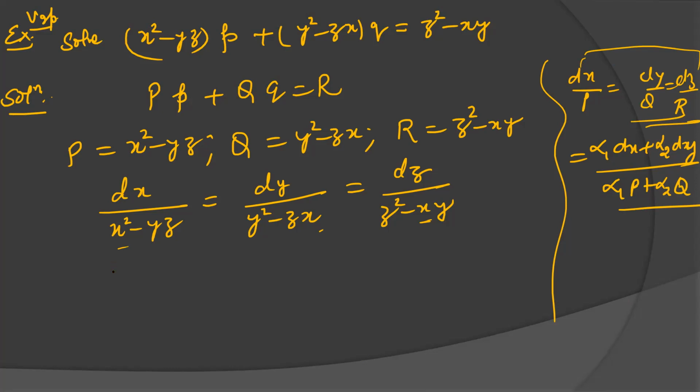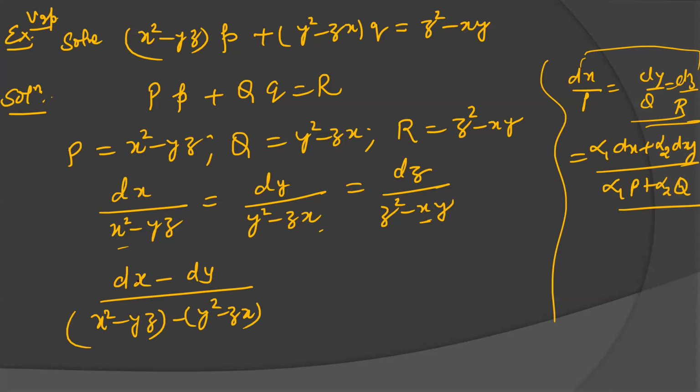So if we see carefully here, if we subtract x square minus y square minus yz plus zx, we will get the x minus y factor outside. What we want to say is we can do this type of calculation also: dx minus dy over x square minus yz minus y square minus zx.